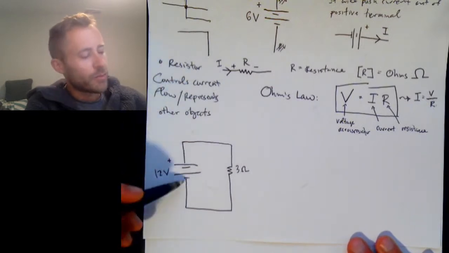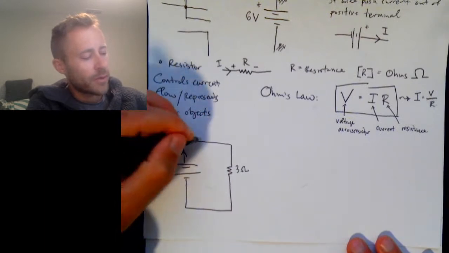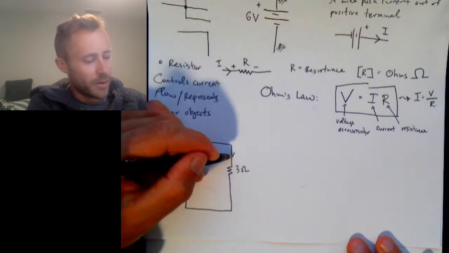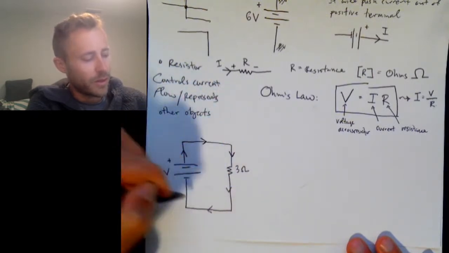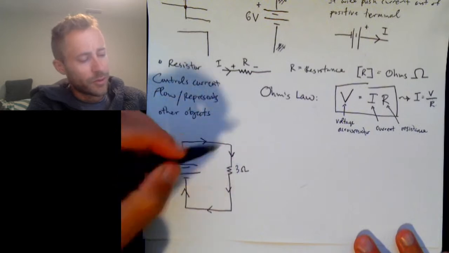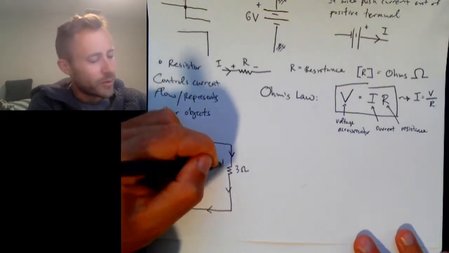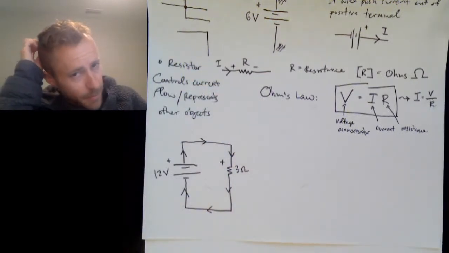And because this is the positive side of the battery, the current is going to flow out. It's going to bend at that corner. It's going to bend again. It's going to go through the resistor. It's going to bend again, and then it's going to go back into the negative terminal of the battery. Now, because this is a resistor and the current is going down through the resistor, this would be the positive side of the resistor.